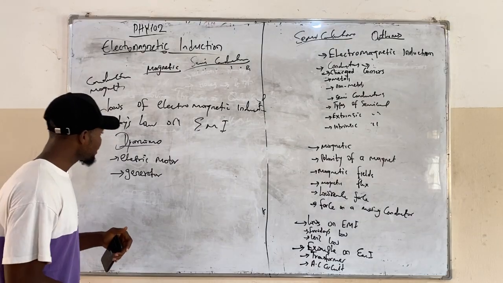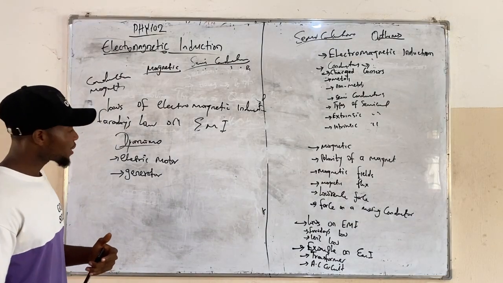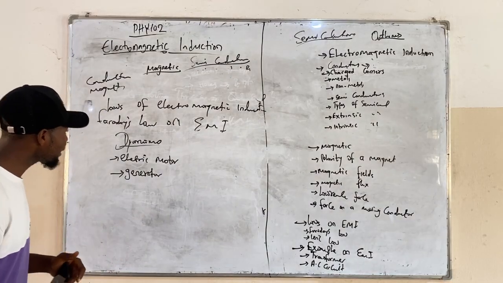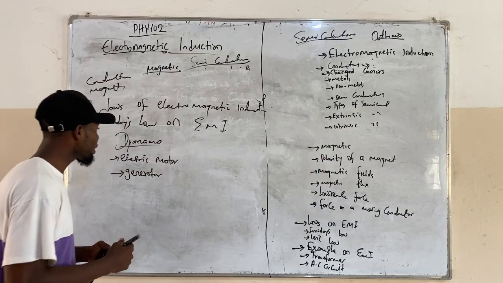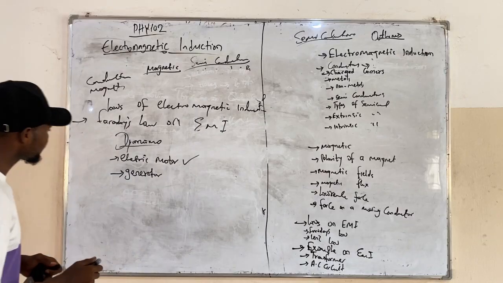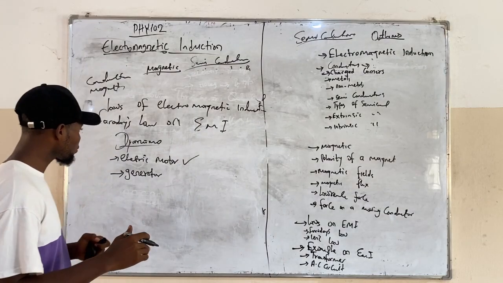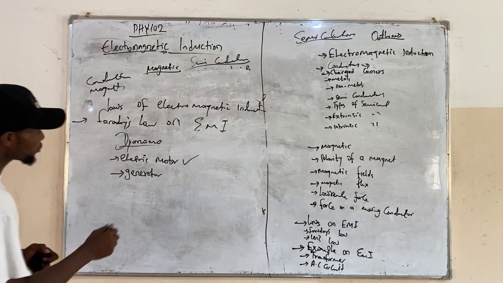The dynamo that converts mechanical energy into electrical energy is called an electric motor. The dynamo that converts electrical energy into mechanical energy is called a generator.